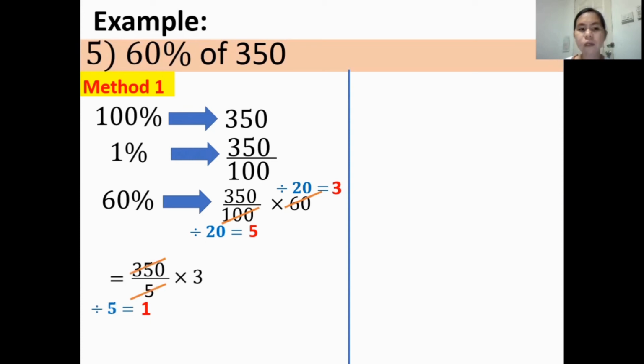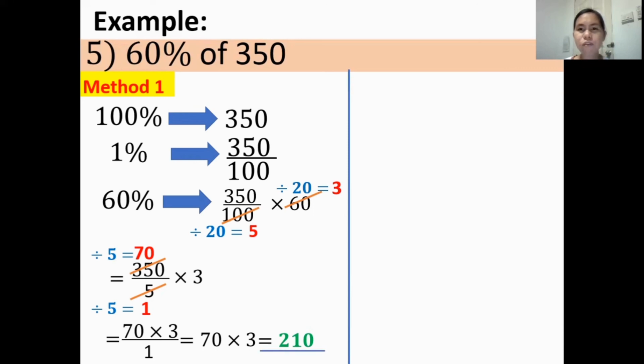So 5 divided by 5 equals 1. 350 divided by 5 equals 70. So the remaining numbers are 70 times 3 over 1 equals 70 times 3. What is 70 times 3? Yes, 210. Therefore, 60% of 350 is 210.